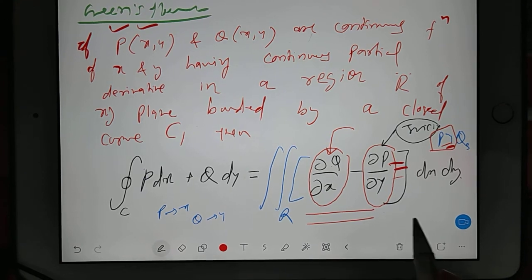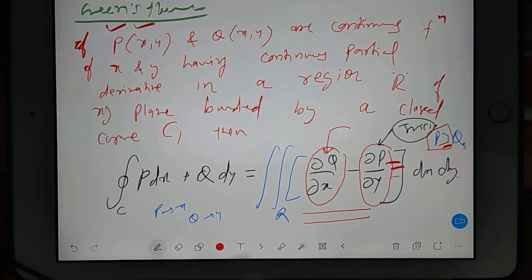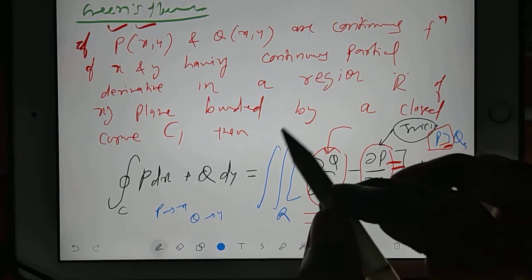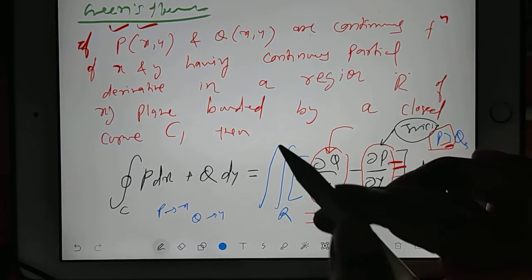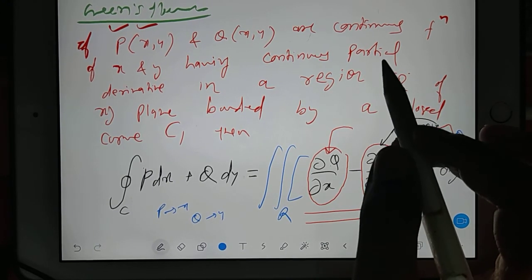Now we take one example so that we can understand this. Whenever the question comes, it may come in terms of r, so we have to keep in mind that r is always x plus y plus z with i, j, k.